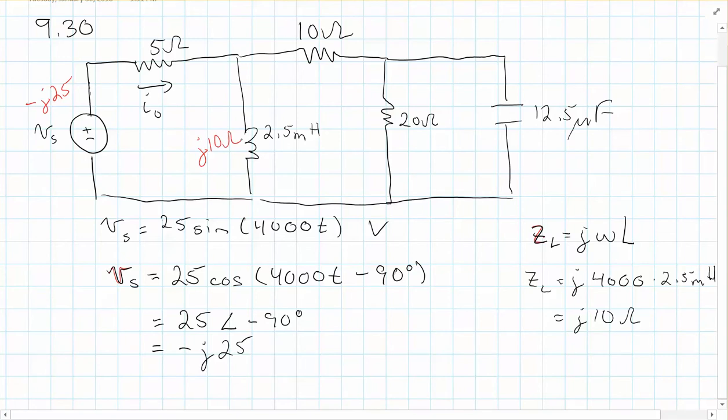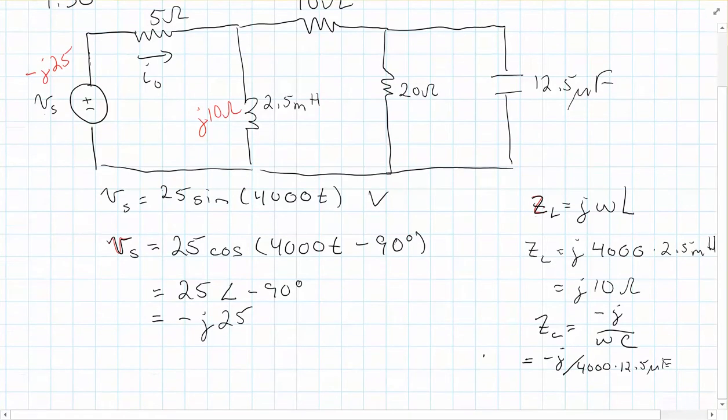Alright, then what do we have? Well, I need the impedance of the capacitor. So the impedance of the capacitor would be minus j over omega c, which is equal to minus j divided by 4000 times 12.5 microfarads.